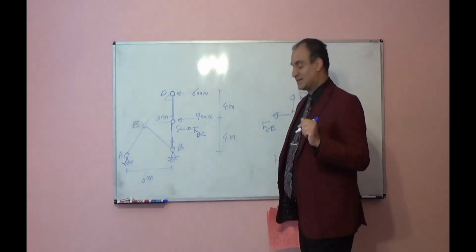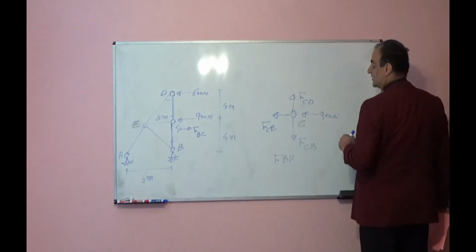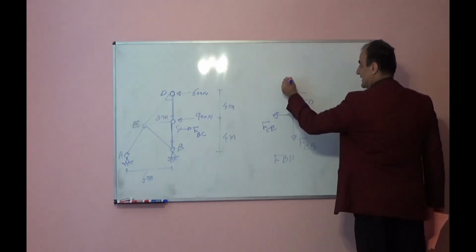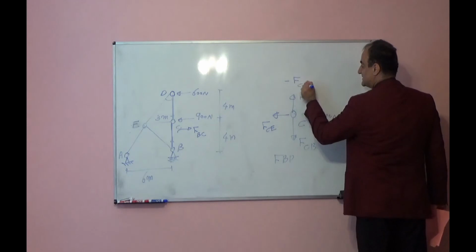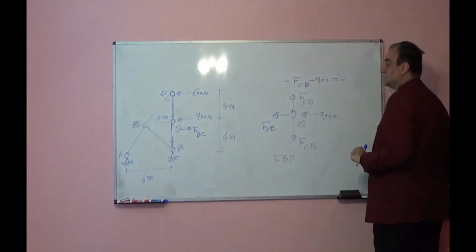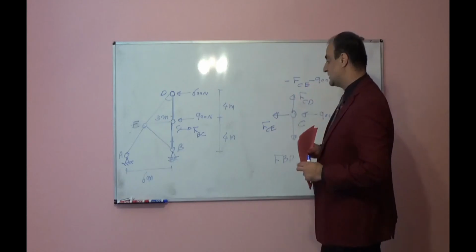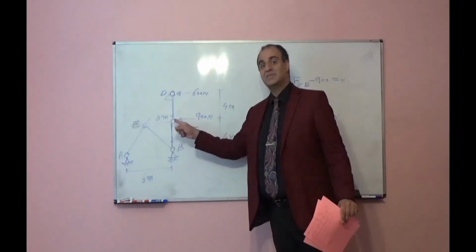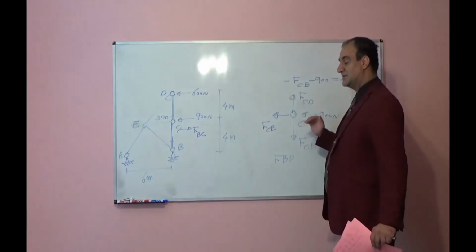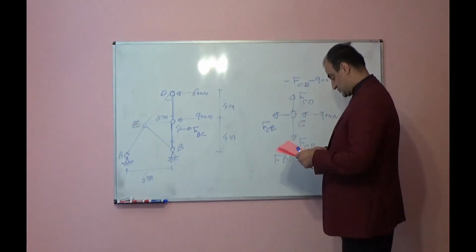So it is negative 900. Here, if I write summation of forces in horizontal direction, I will have minus FCE minus 900 is equal to 0. So from this equation, again, you will find this member internal force, it is 900, and it is negative. It means compression force.